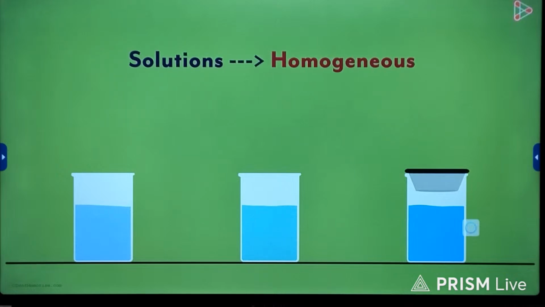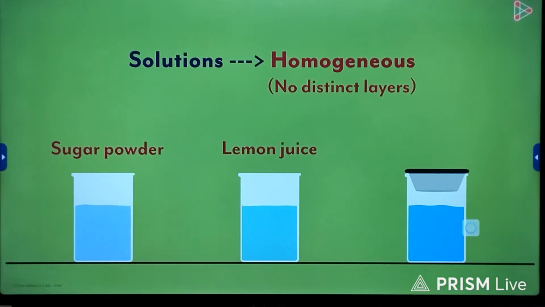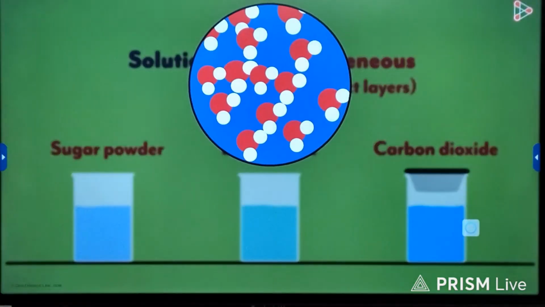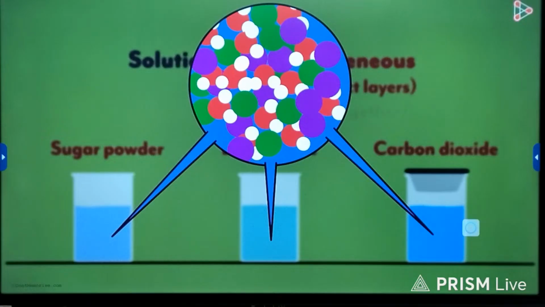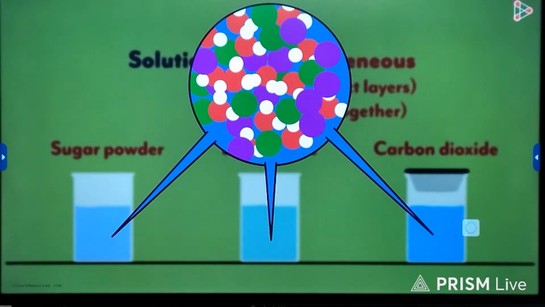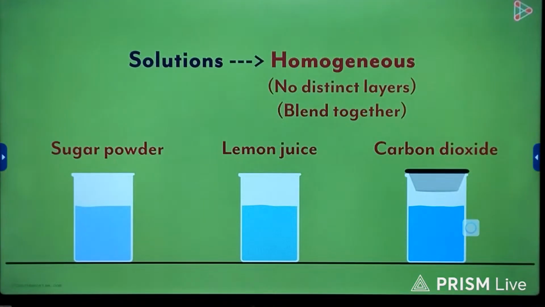Solutions are homogeneous in nature because we cannot see two distinct substances inside a solution. Sugar, lemon juice, and carbon dioxide completely dissolve in water. The particles of these solutes find place among the particles of the solvent and blend together. Is this the only characteristic of a solution? Of course not. There are a few more characteristics of solutions which we will study in our next video. Stay tuned.